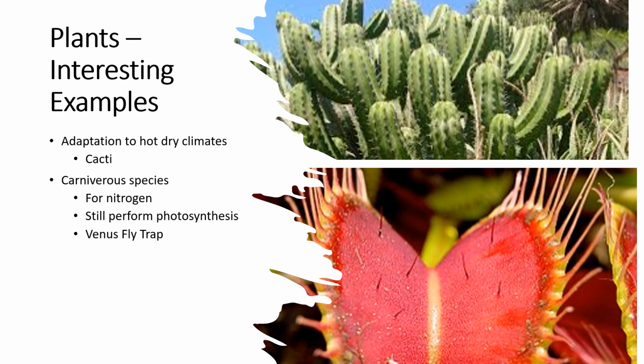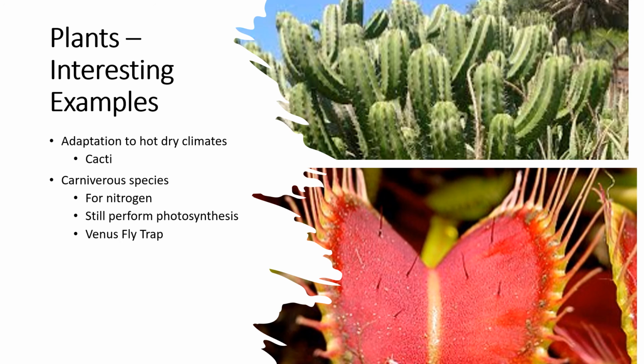And that's because it is adapted to the climate in which it exists. It's very hot and very dry. And it has this type of waxy appearance without the leaves that could lose a lot of water due to the heat. It also can do photosynthesis in the stem, which is not typical for another type of plant.